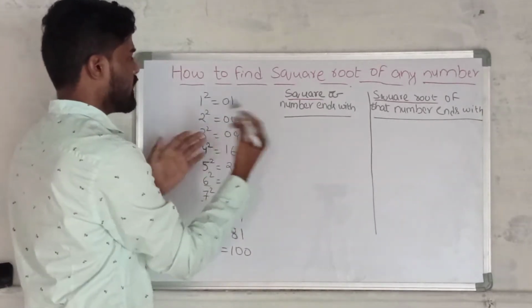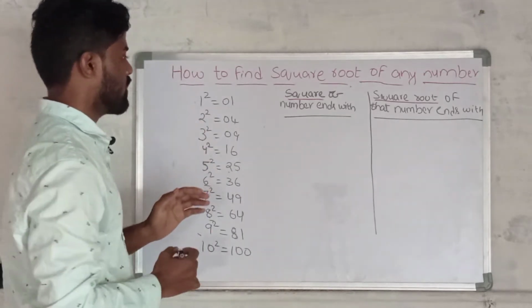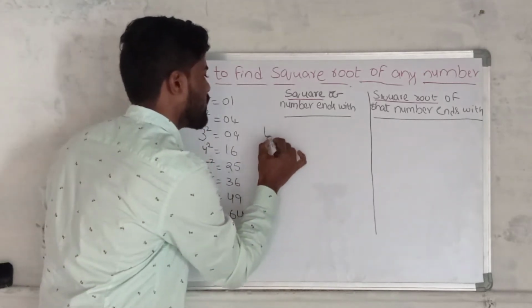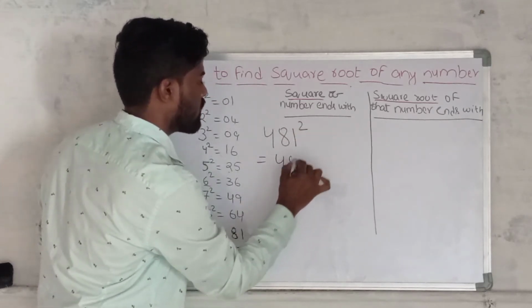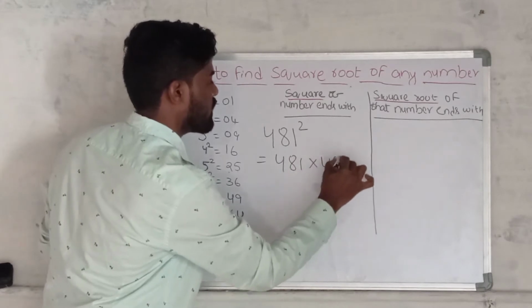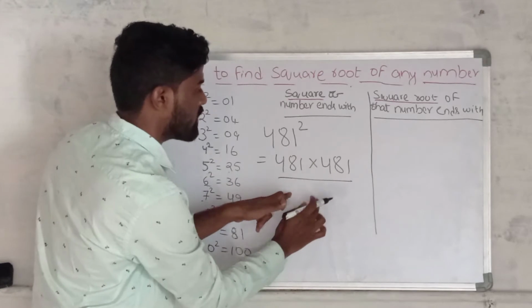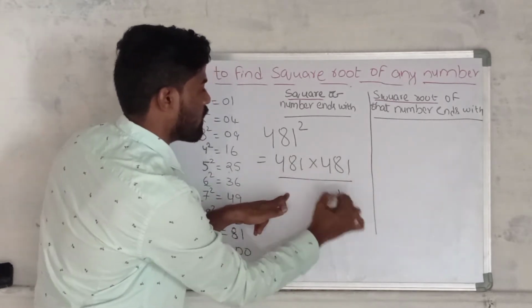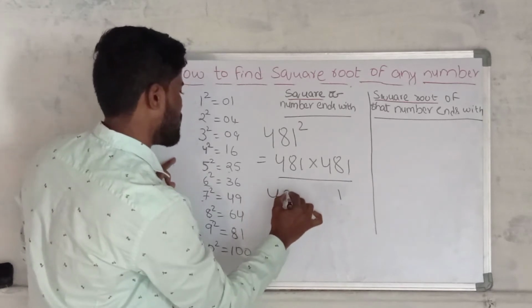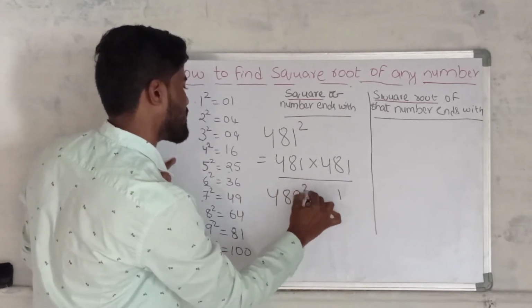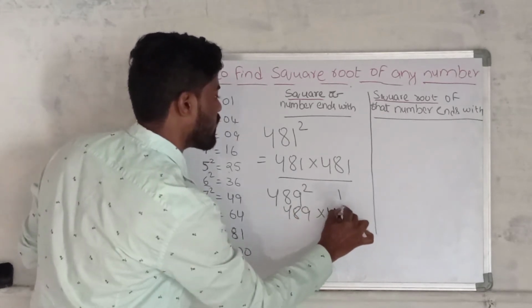Suppose you take any number, that number should always end with any of these digits. Let's take the square of the number 481. 481 into 481. Here the last digit of the square is 1, since 1 into 1 is 1. Let's take another number, 489 square. 489 into 489.